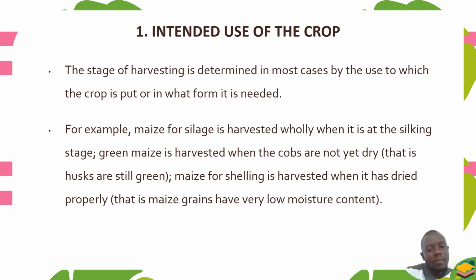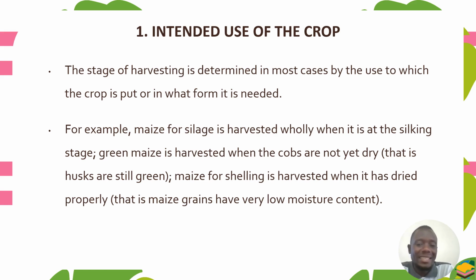The first one is the intended use of the crop. The stage of harvesting is determined in most cases by the use to which the crop is put, or in what form it is needed. For example, maize for silage is harvested wholly when it is at silking stage. That's maize for making animal feeds.